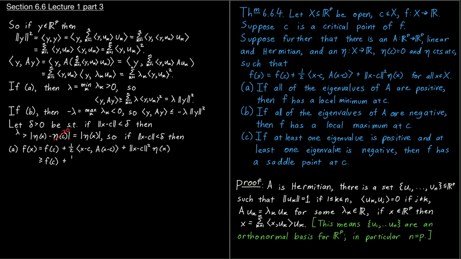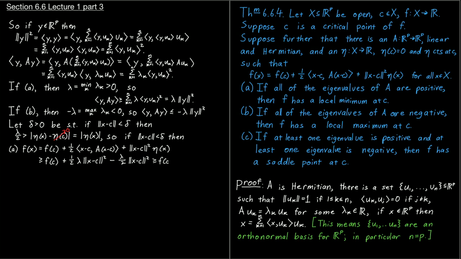And then this is 1/2 lambda norm of x minus c squared. And then eta is less than lambda. Eta is between plus or minus lambda, so we'll subtract off. Sorry, I wanted this over here to be a lambda over 2, minus lambda over 2, and then the norm of x minus c squared stays in place.